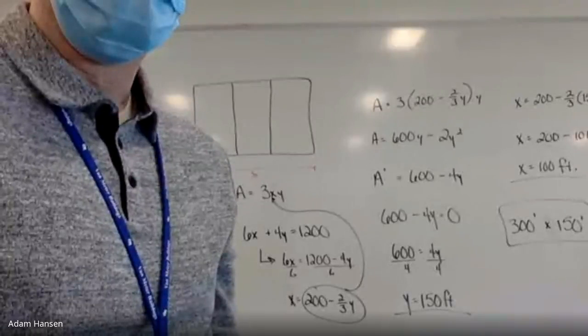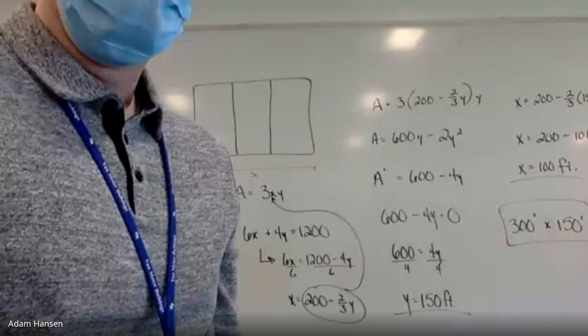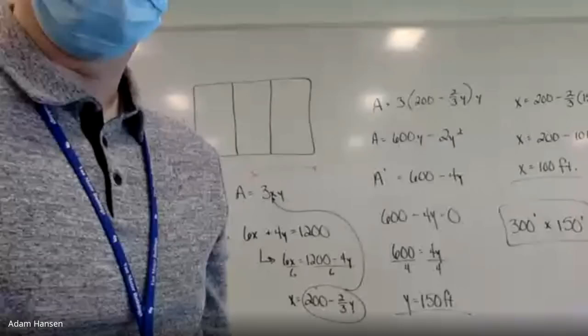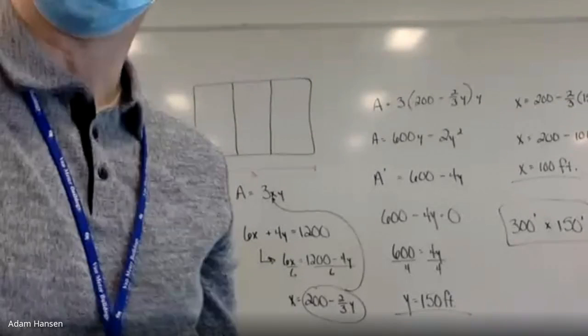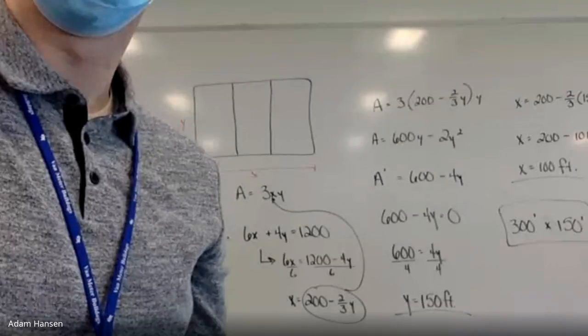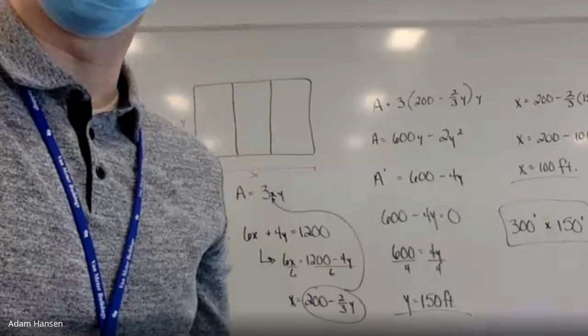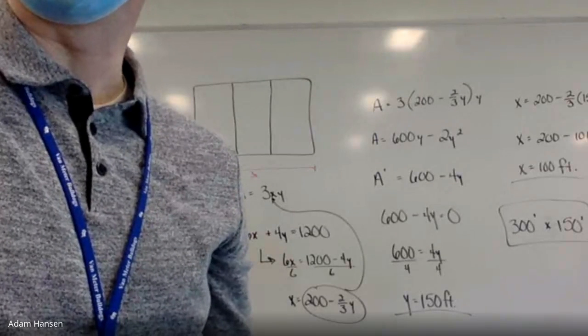I'm thinking about how this is set up here. That's not much area. Isn't it kind of maybe right here in the middle? I think that'd be about the largest area given this amount of fencing.